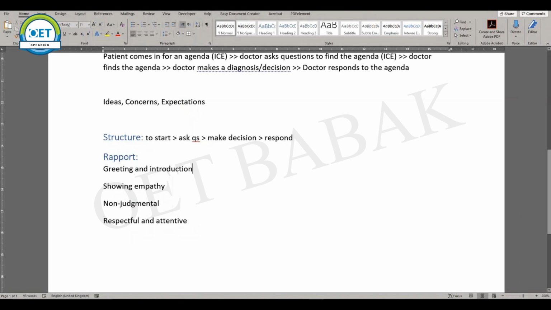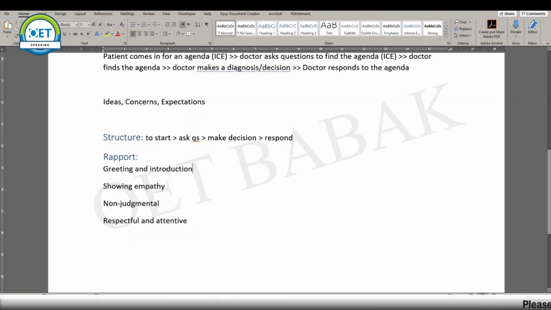We can ask the examiner, what is the patient's name? That's one way. Before you start, when you're preparing, you say, excuse me, what's the patient's name, please? Or if you think you know the patient, just say the examiner's name, the interlocutor sitting there.